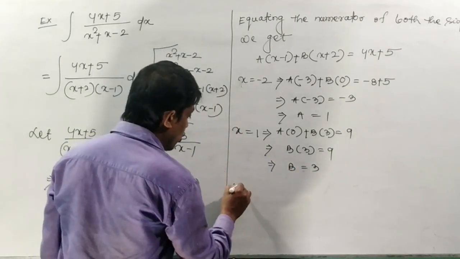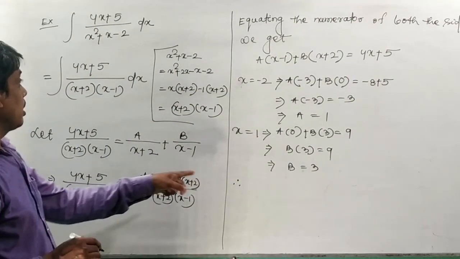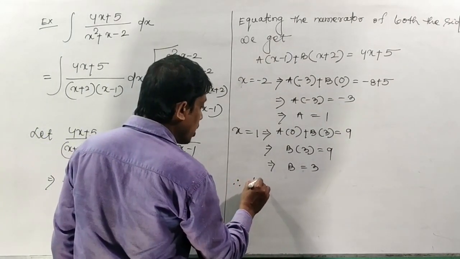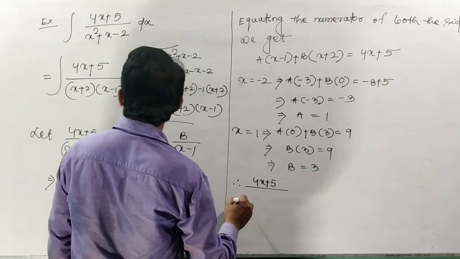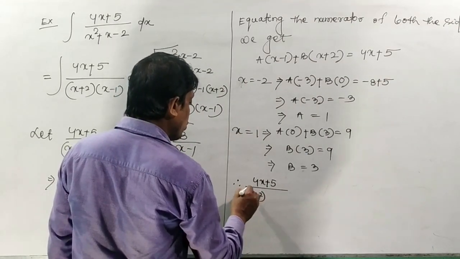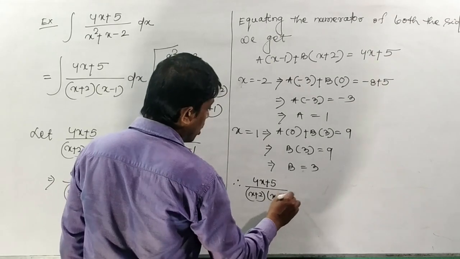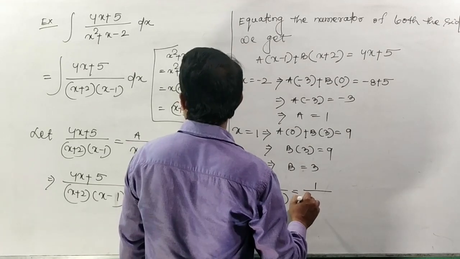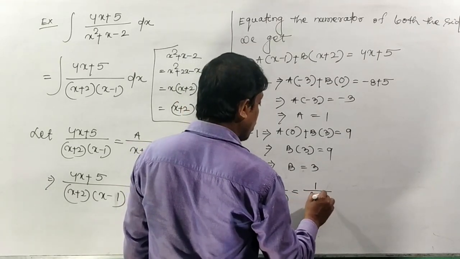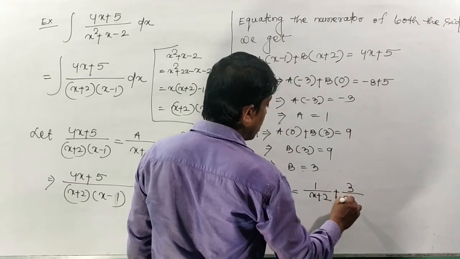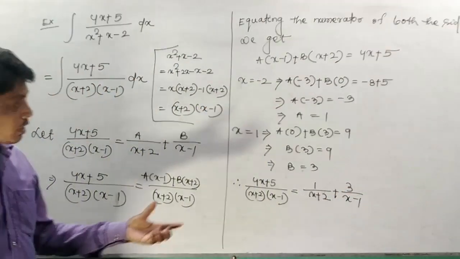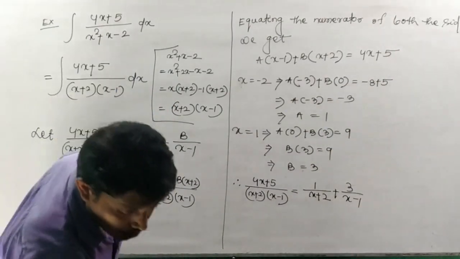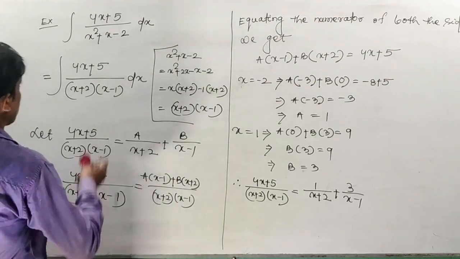So therefore, how can I write this? Write therefore 4x plus 5 by x plus 2 into x minus 1 is equal to a is your 1 by x plus 2 plus b is your 3 by x minus 1. Now we express this as the sum of these. Then take the integration.